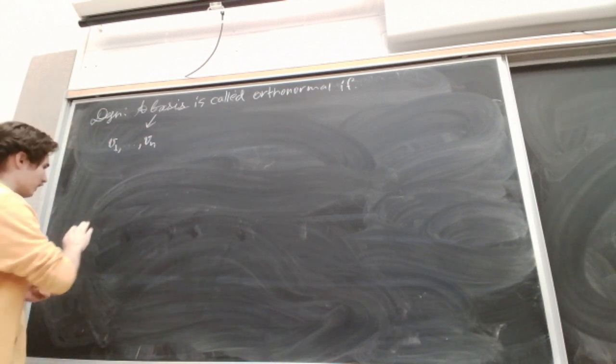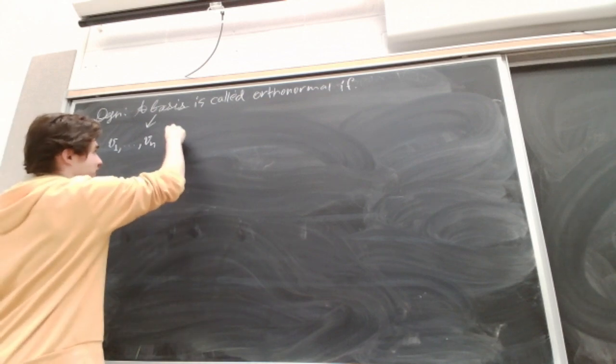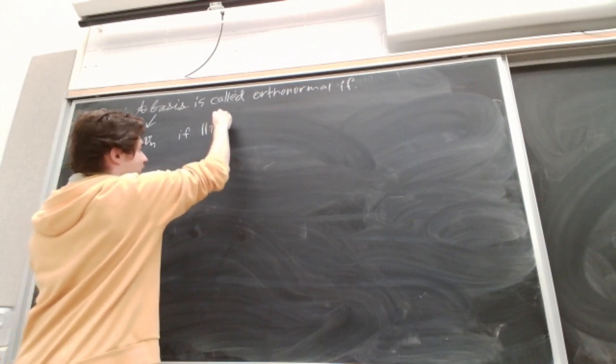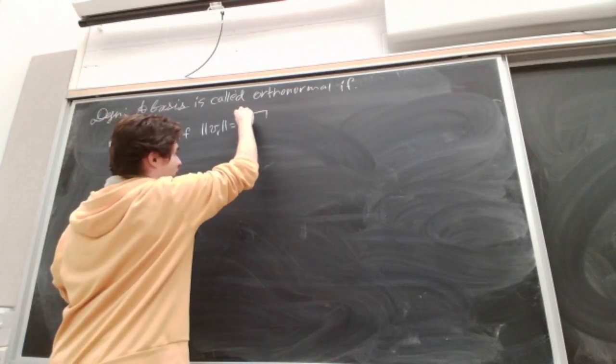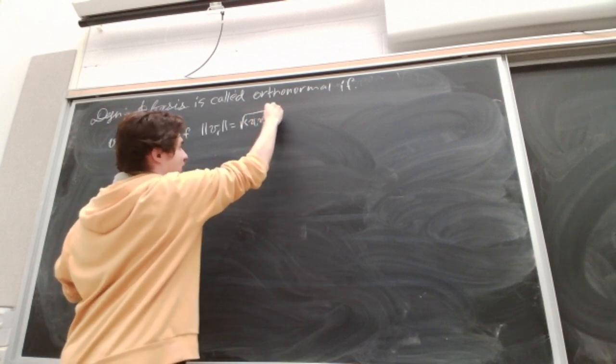It's defined to be orthonormal if the norm of vi, which is the square root of the inner product of vi with vi, is equal to 1.